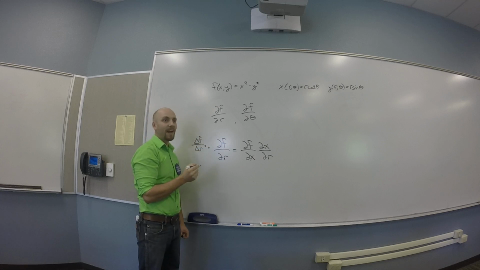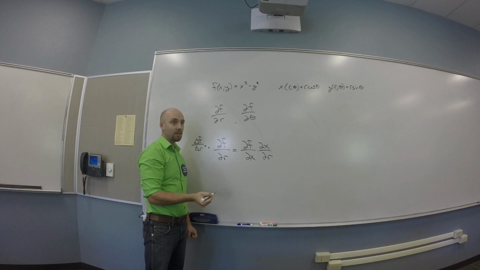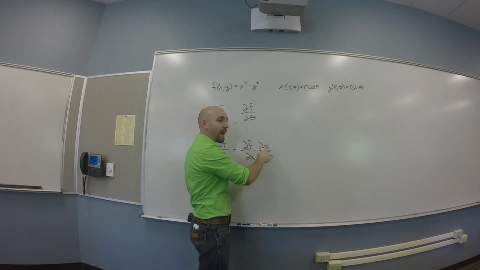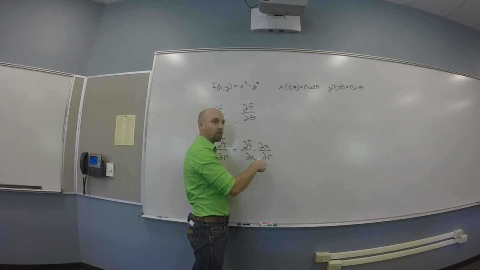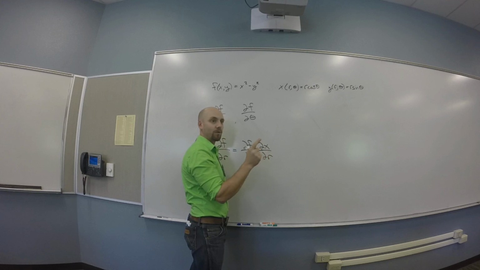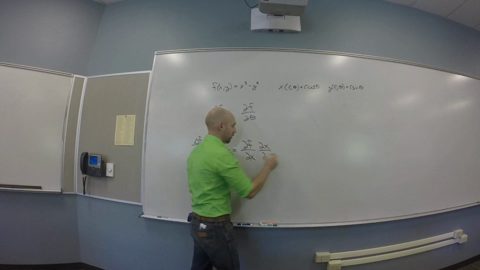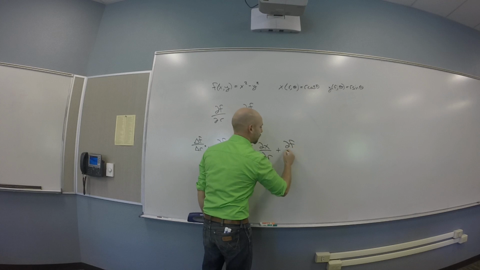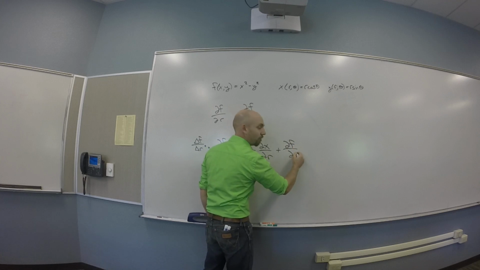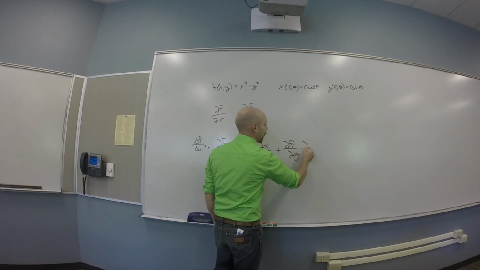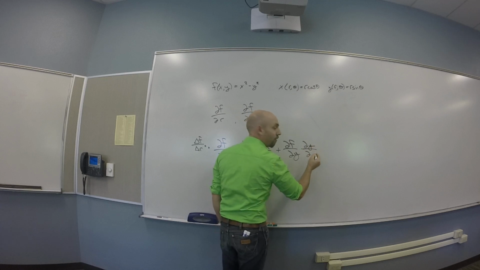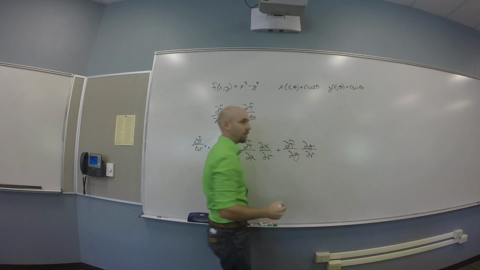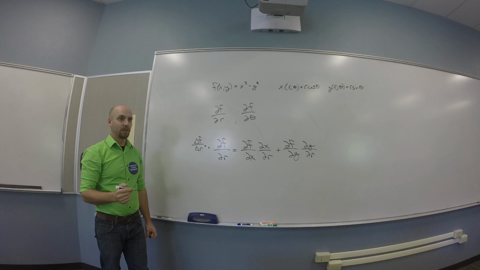That can come out of two places. Either it comes out of x changing because r changed, or it comes out of y changing because r changed. So I'd add this to the partial of f with respect to y times the partial of y with respect to r. You guys with me on this?